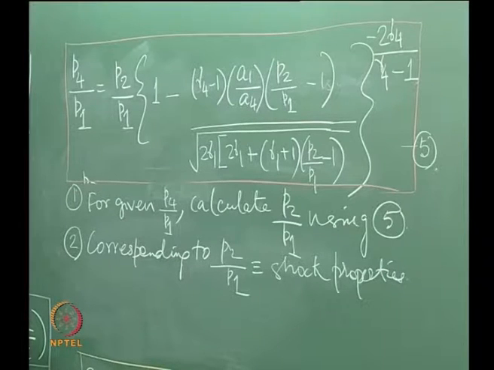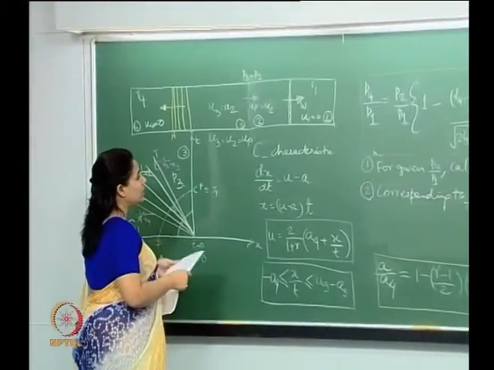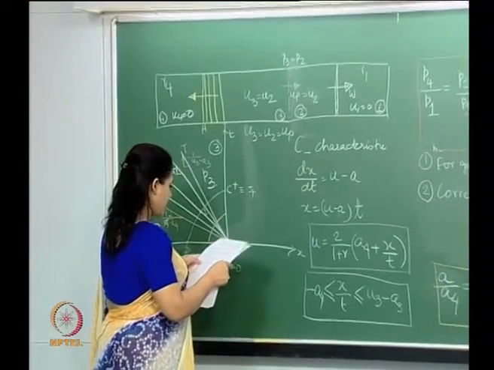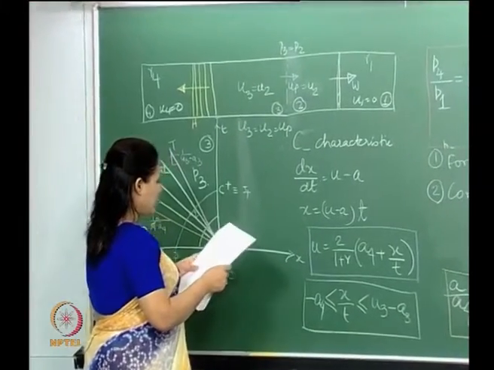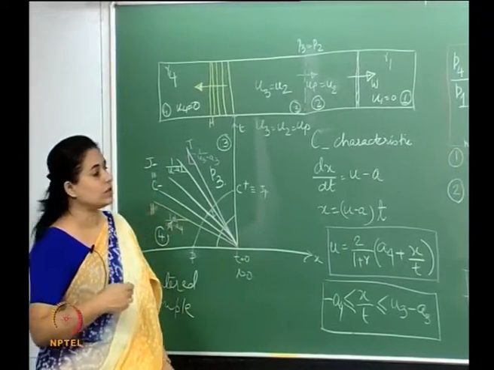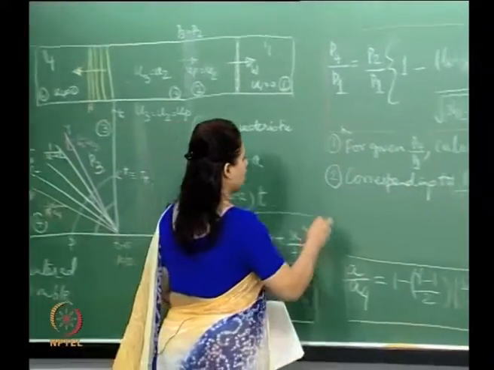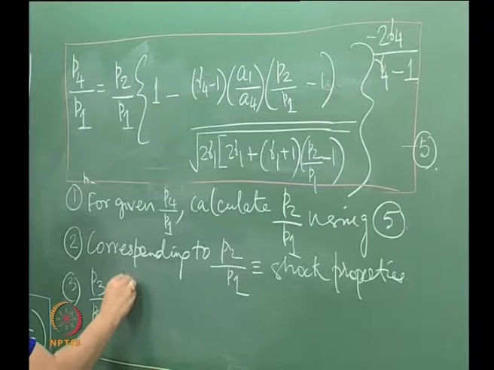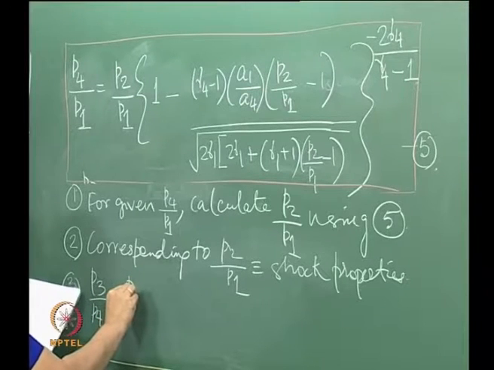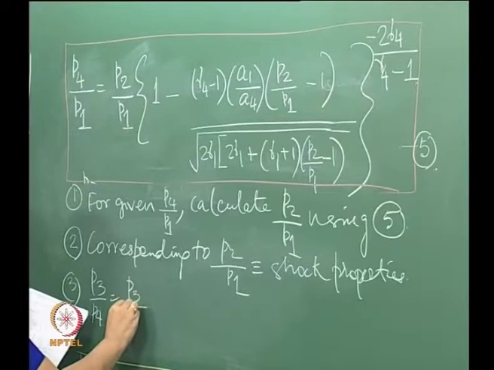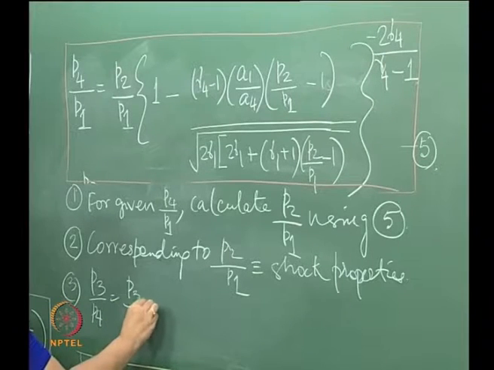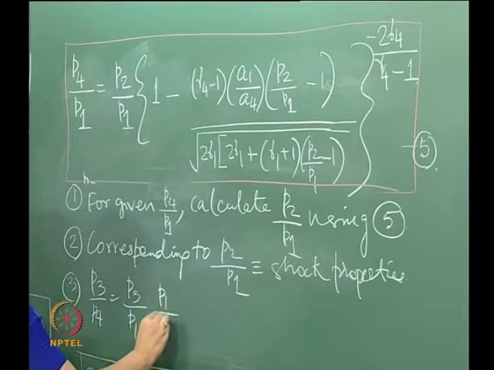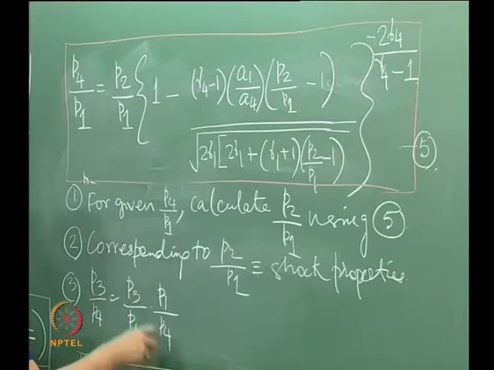Now, once I do that, what I need is P3 by P4, or the strength of the expansion fan. That is easy to do. Essentially, P3 by P1 is P3 by P4 times P4 by P1, but this is P2.